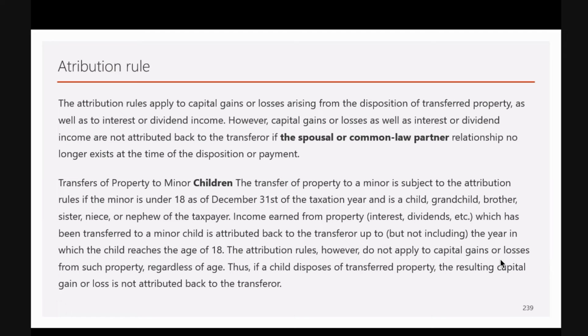So when that property is held by someone over 18, the income won't be attributed. So my question was, yes, your parents and your daughter report that rental income.